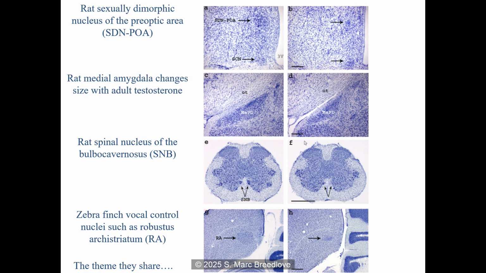Most of them were in the hypothalamus, but pretty much anywhere you looked, if you started looking for whether the sexes differed significantly in terms of structure, you could usually find it. So there was a heyday of that.